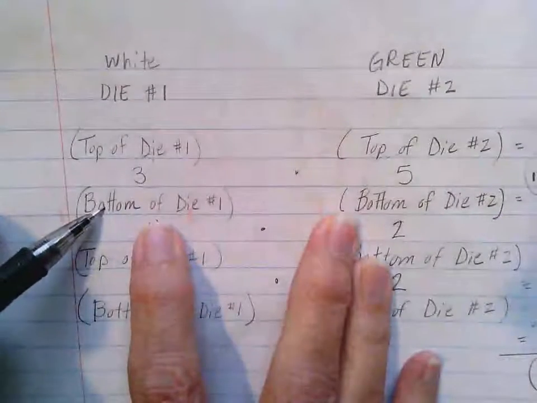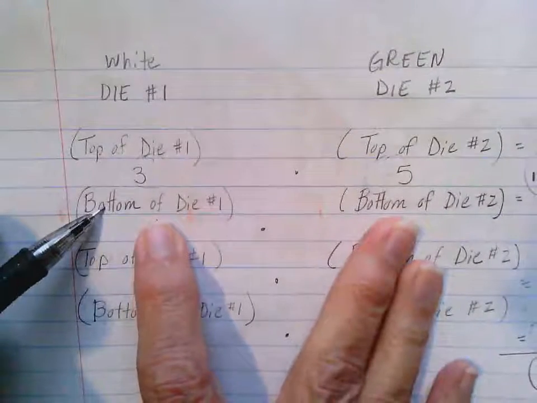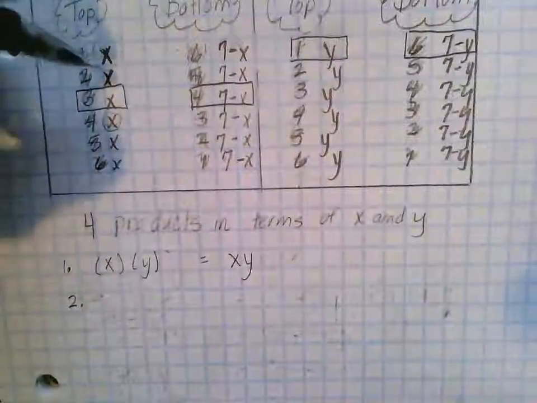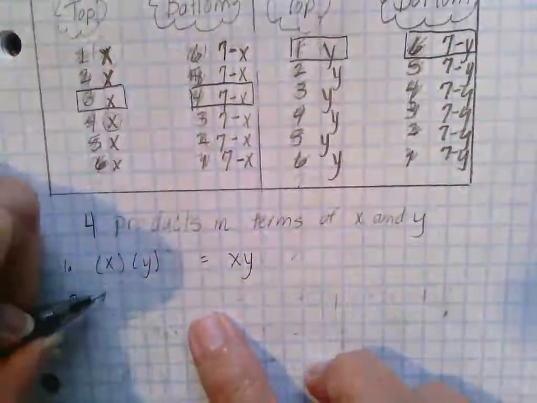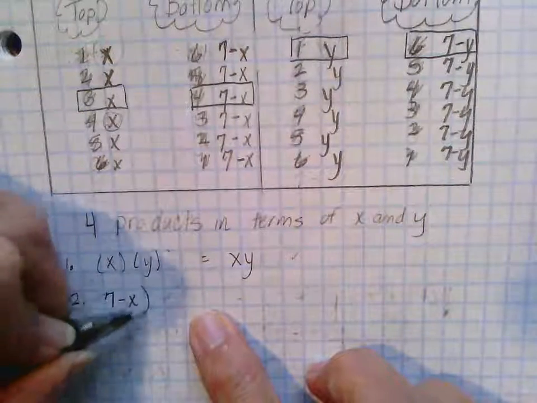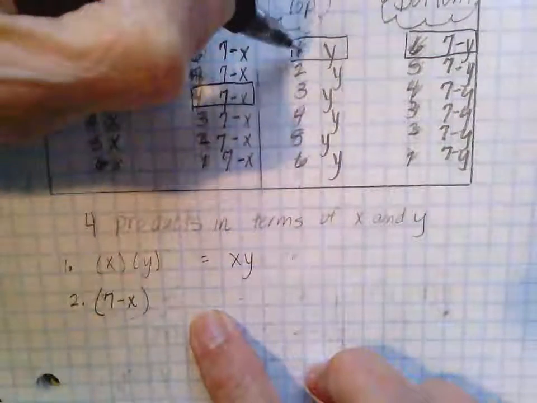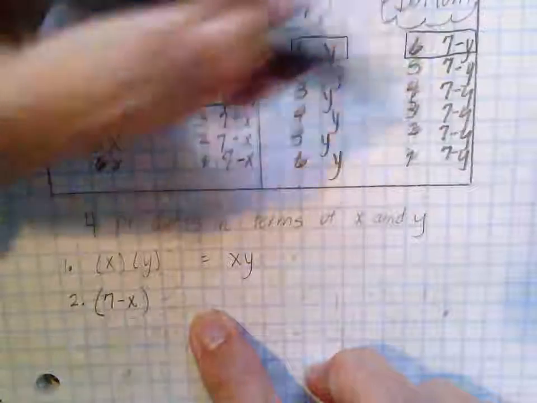So bottom of die 1 times the bottom of die 2. So here's my bottom. My bottom is 7 minus X times the quantity 7 minus Y.